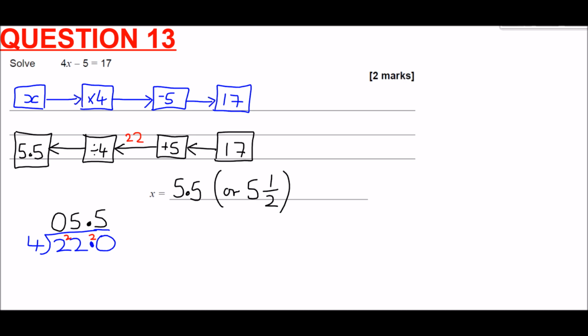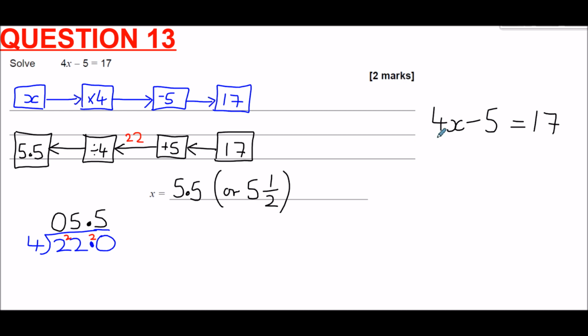The other method I mentioned, I'm just going to copy down the question again to illustrate this other method, is a slightly lazy shorthand really, but it does work with practice. It's the idea of swapping side, swapping sign. If you notice here, solving equations, you're often working in reverse, doing the opposite things. So this is just a shorthand version of that.